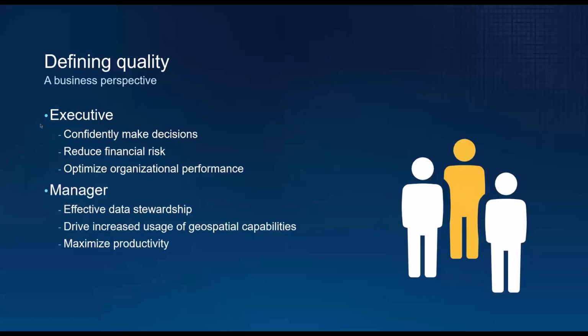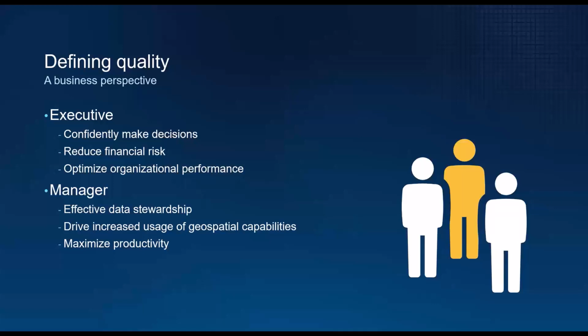For managers, especially those folks who are managers of geospatial data, good quality data means they're doing their job, that things are being done that allow them to better leverage the technology in the organization, which might increase utilization across the organization.